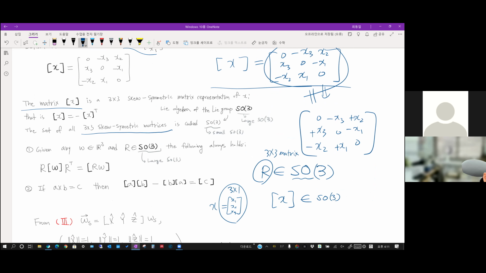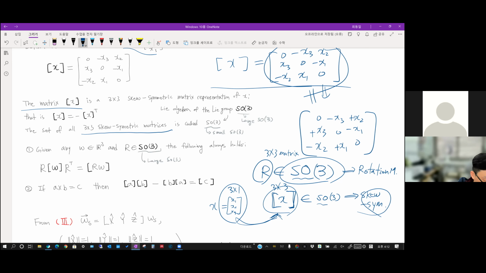This one is large SO3, and this one is small so3. So small so3 equals the skew symmetric matrix, and large SO3 is the rotation matrix. So this was transformed from here, from vector to matrix. So a 3 by 1 vector becomes a 3 by 3 matrix, and it becomes a skew symmetric matrix by using this bracket.